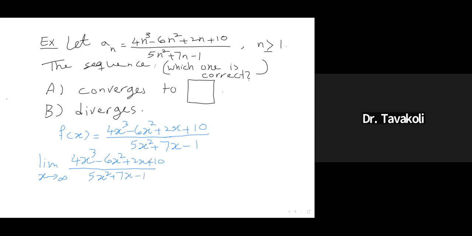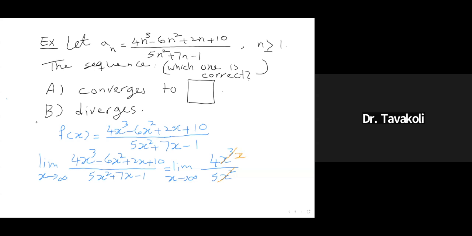As x tends to infinity, since I'm dealing with a rational function, I can keep the leading term, the term with the highest power, on the top and at the bottom. On the top, I keep 4x cubed. From the bottom, I keep 5x squared. So let's simplify this. When simplified, x cubed over x squared is just x.